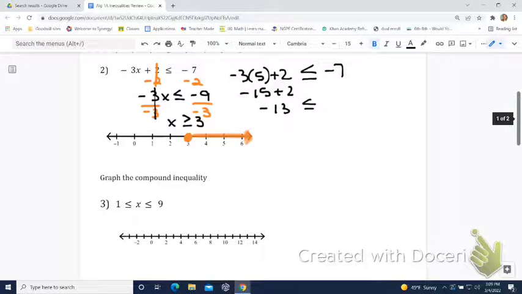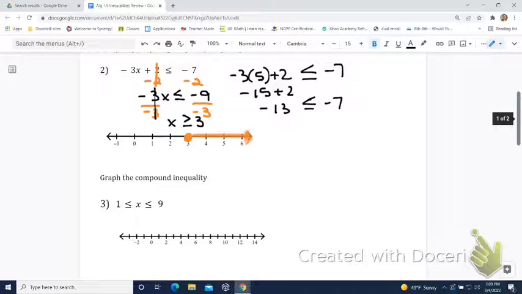Obviously it's not equal to, but is negative 13 less than negative 7? Would 13 below 0 be colder than 7 below 0? Yes. So if you forgot to flip your sign, then when you put in a number to check it, it would not be a true statement. So again, like always, there's a way you can check things.